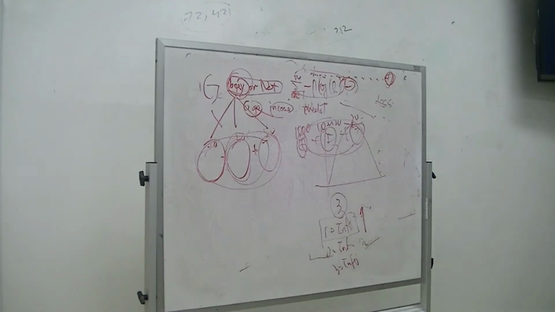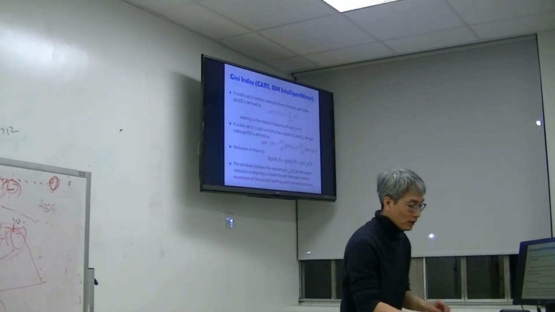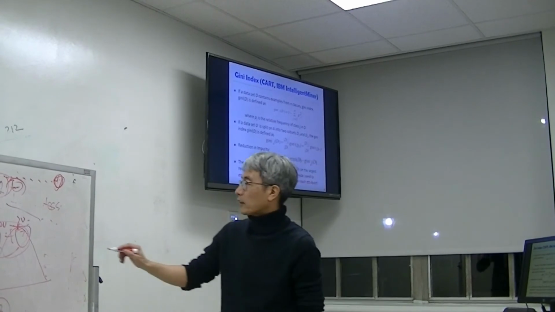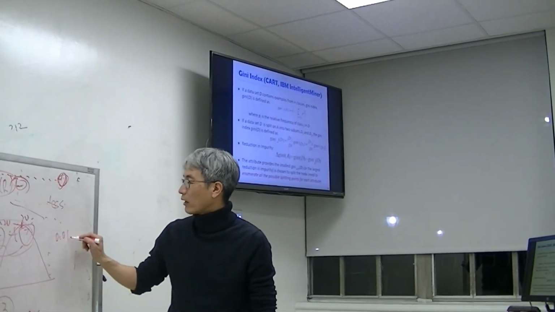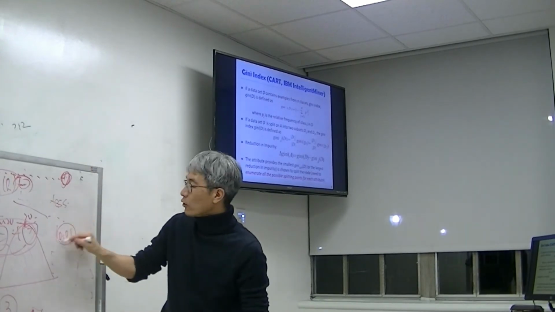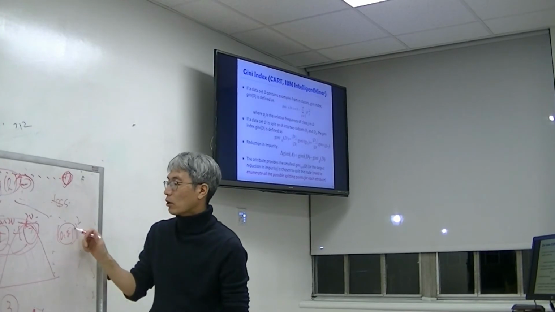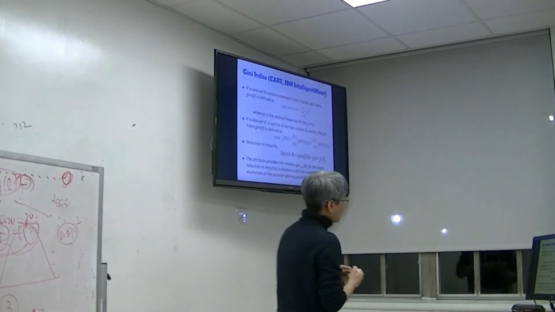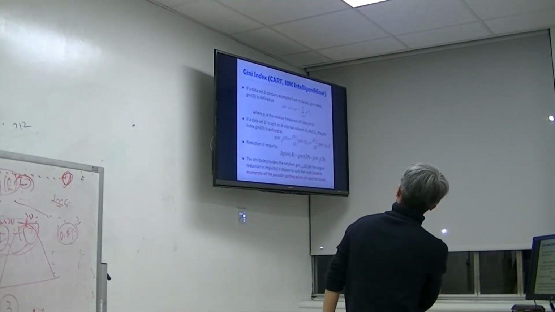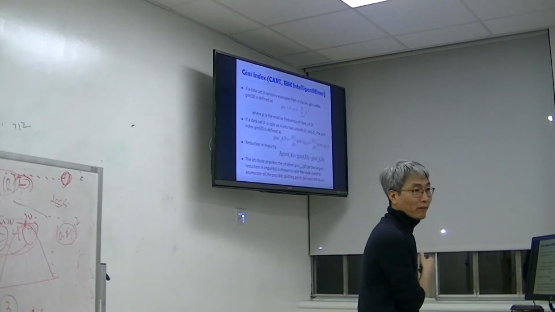So the Gini Index uses the sum of the squares of the probability, which means if something rarely happens, like 0.1, it is a good feature. If you square it, it's even exaggerated, so 0.01. Sum such squared features, then subtract from 1.